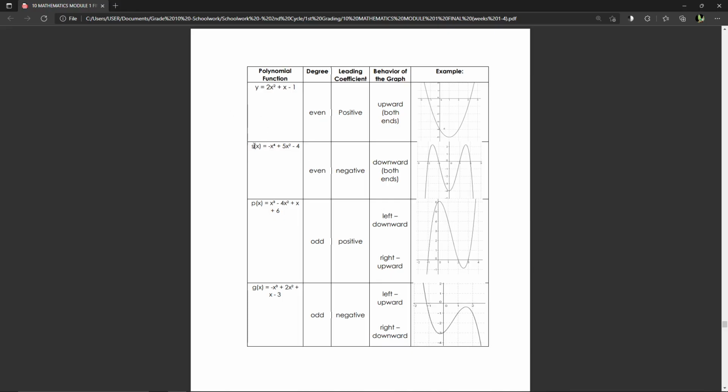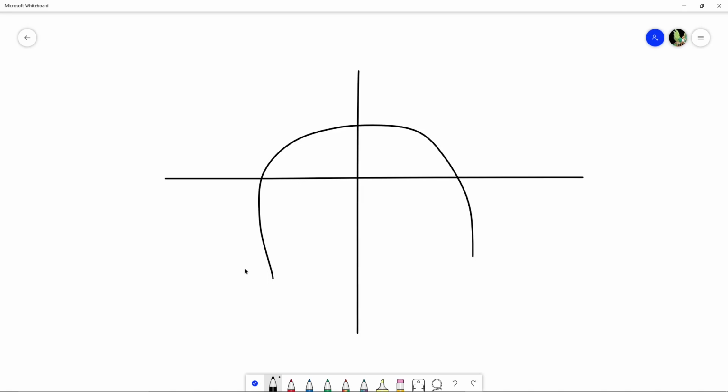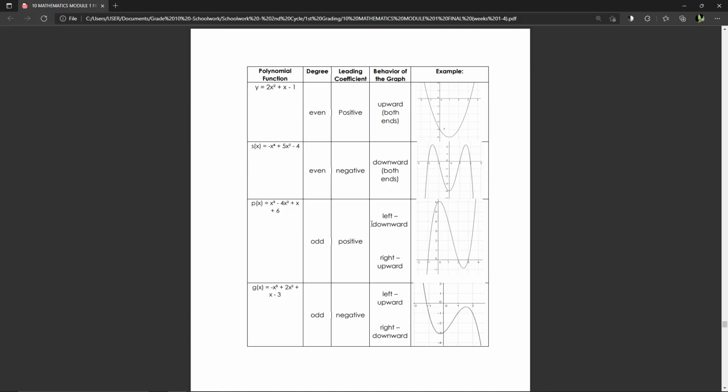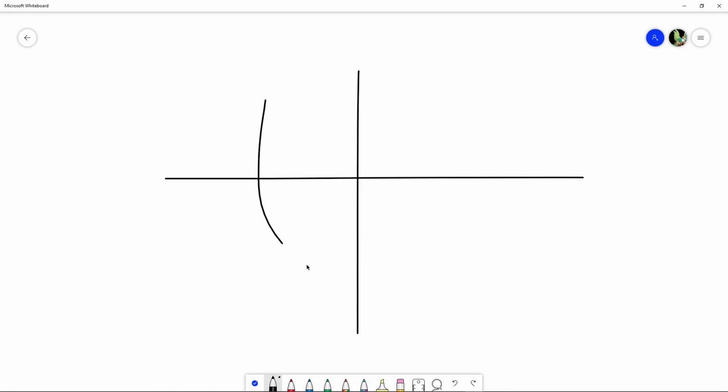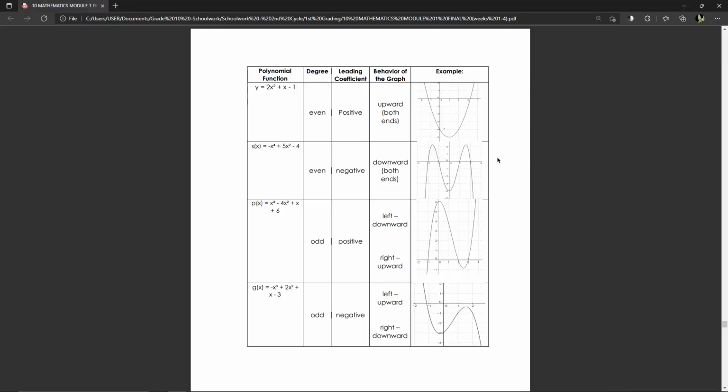If you have a negative leading coefficient but it still has an even degree, it's going to go both downwards this time. Both endpoints go downwards on an even negative. Both endpoints go upward on an even positive.